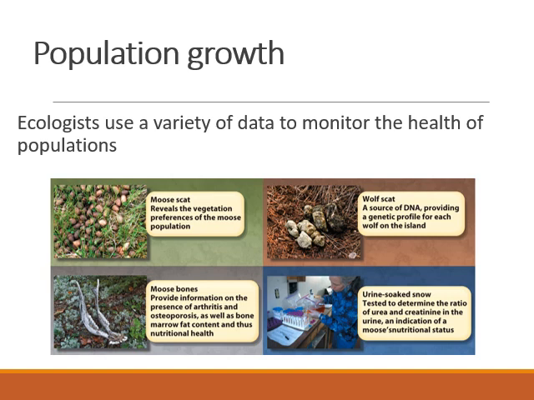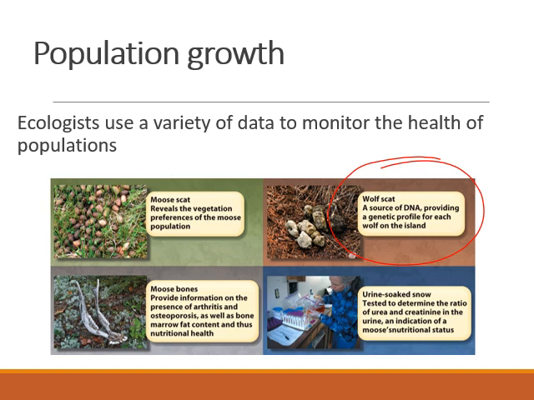vegetation preferences. Wolf scat they can look at as a source of DNA, so it provides a really good genetic profile for each wolf on the island. And this is especially important now because there are not many wolves. Wolves came over on this ice bridge, I don't remember when, but only 2 wolves came over, right? So all of these wolves are pretty genetically similar.